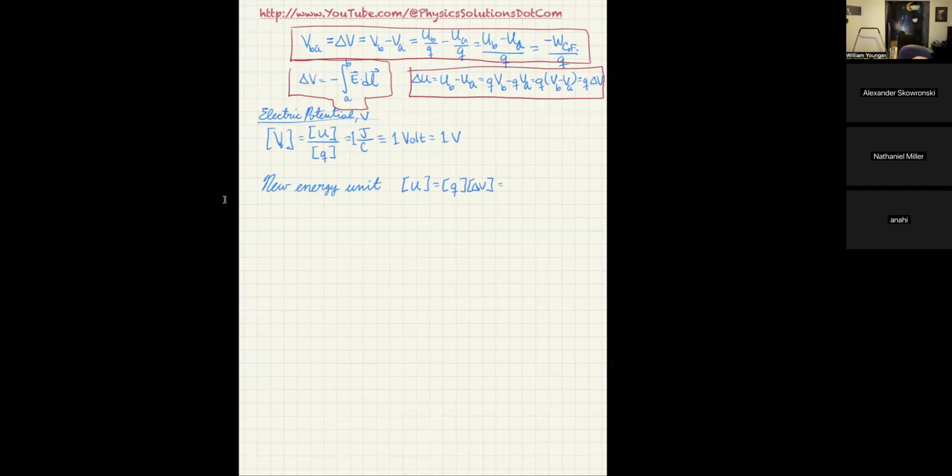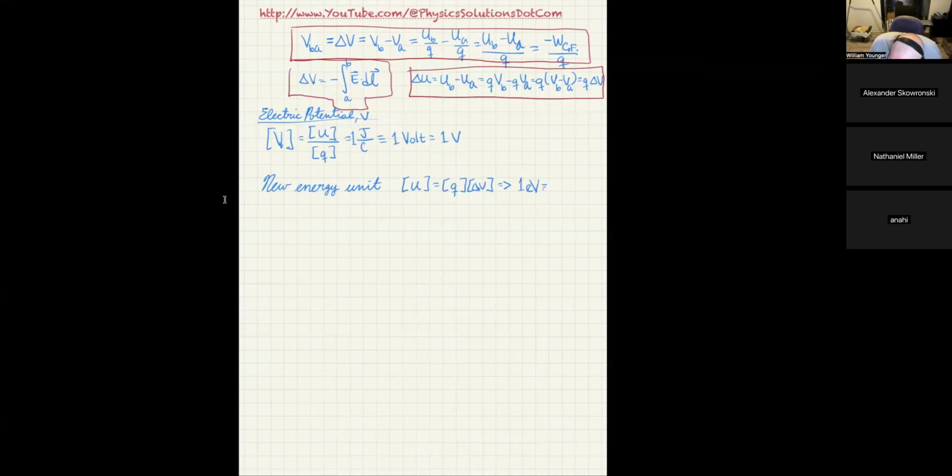Well, that turns out to be joule, or coulombs times joules per coulomb, but that's not really the relevant thing. Instead, we're going to say 1 electron volt. Now, I drew that in a very specific way. That E drawn like that is the special E that they frequently use to represent the charge of an electron. And then that capital V is the unit that we use for volts.